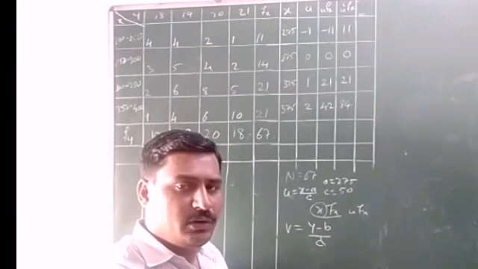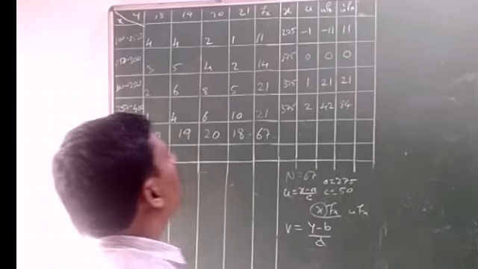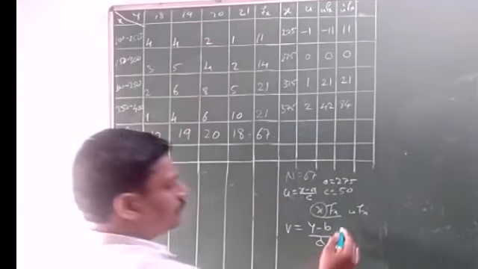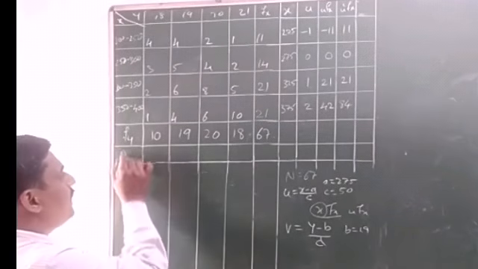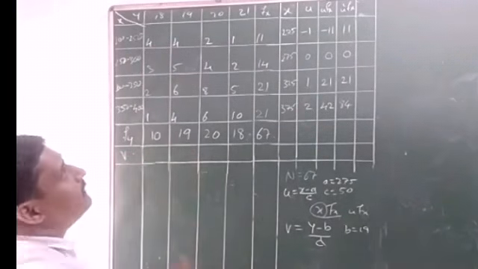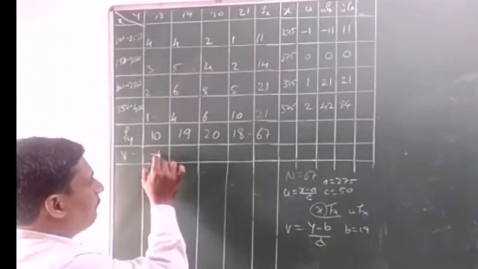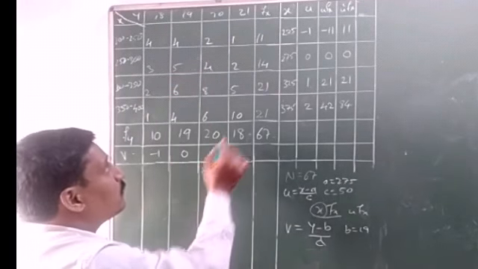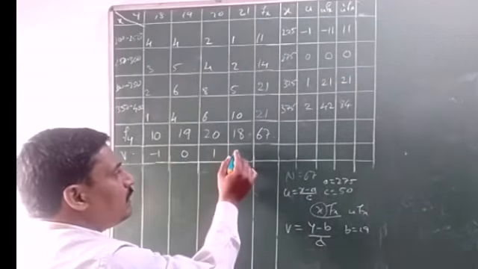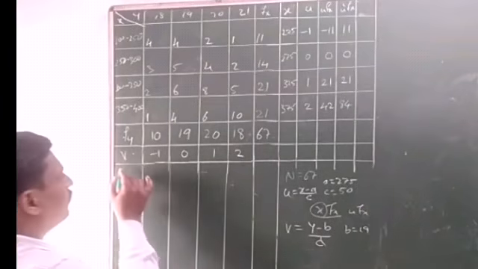Even if we don't take it, that doesn't matter. Then the b value we take is 19. So v is equal to 18 minus 19, minus 1. 19 minus 19 is 0. 20 minus 19 is plus 1. 21 minus 19 is plus 2.